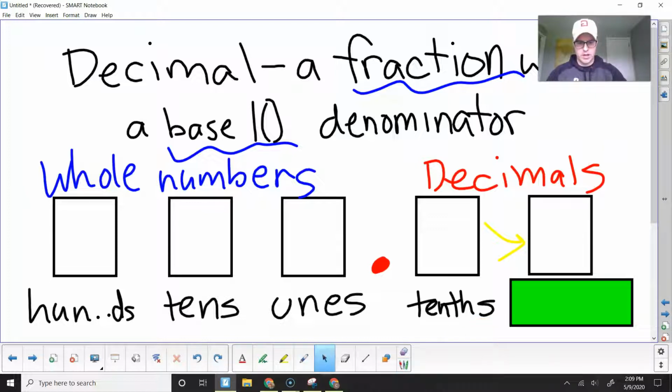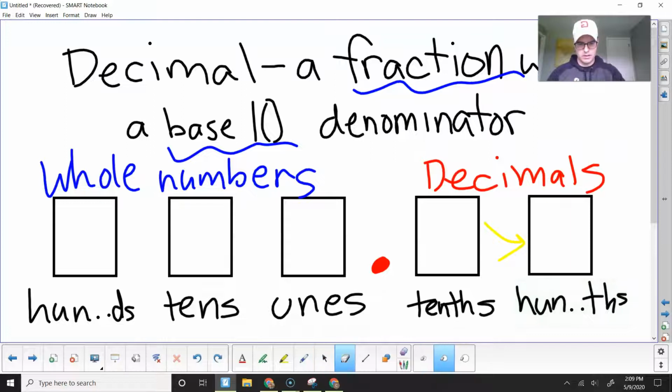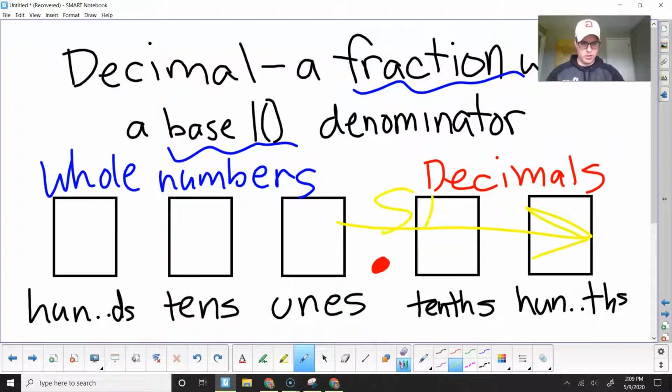Yeah, you're absolutely right. Hundredths comes after tenths. Very good. So hundredths are even smaller than tenths because the further you go to the right, the smaller you get. Right, Carson Smalley? The smaller you get when you go to the right.